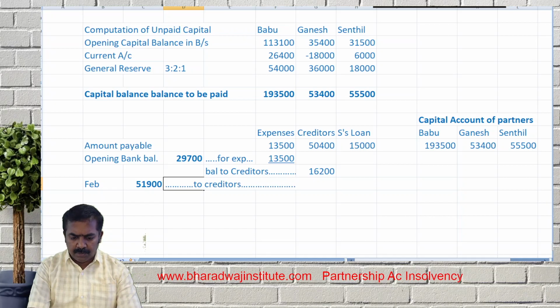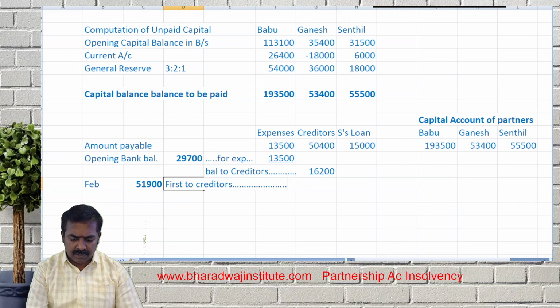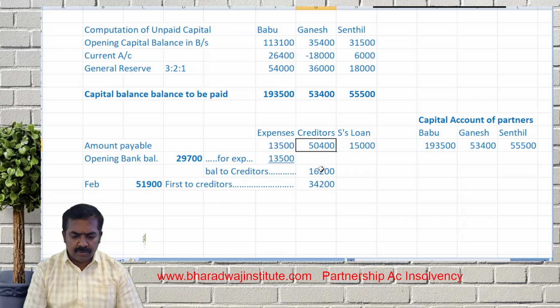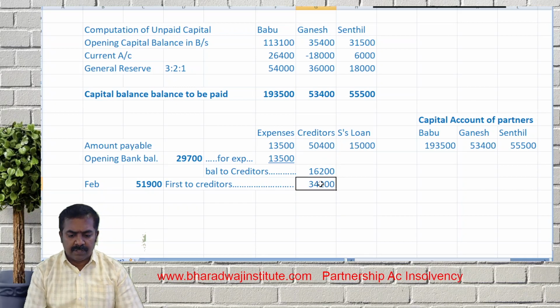To creditors first you pay. How much do you have to pay first to the creditors? 50,400 minus 16,200 paid earlier, so 34,200.